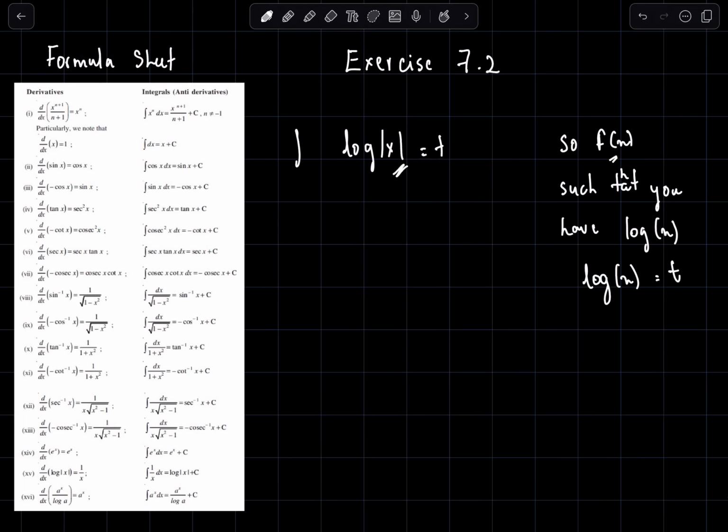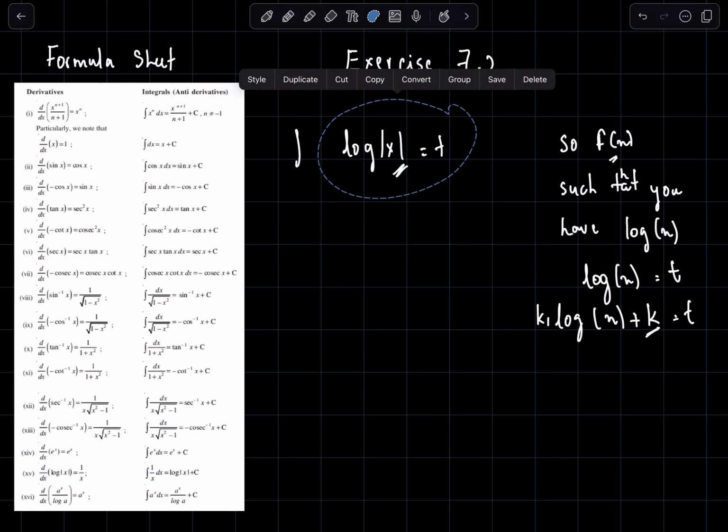Or more formally, you can take log of x plus some value k, or some value multiplied, is equal to t. Because k is a constant, this will go to 0 when you differentiate, so don't worry about that. Okay, so let's do this.